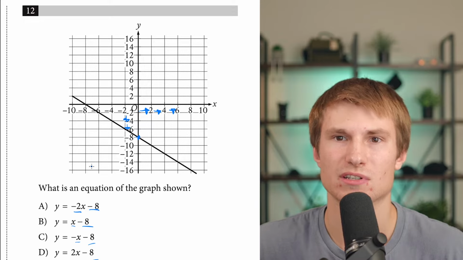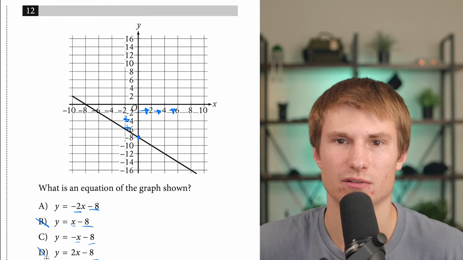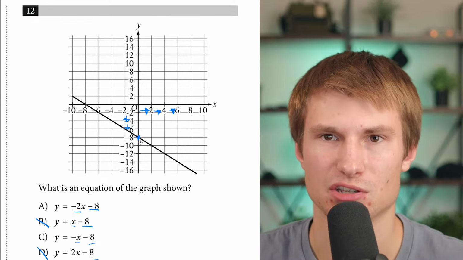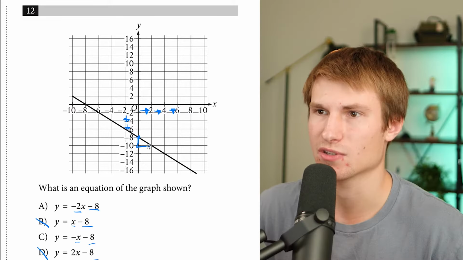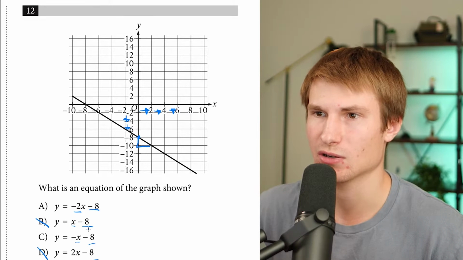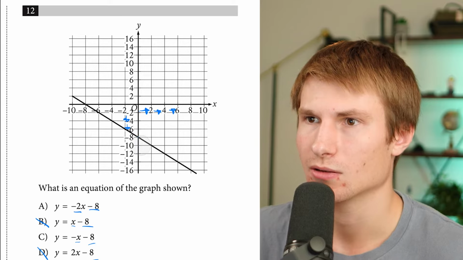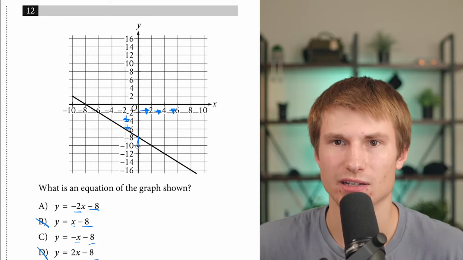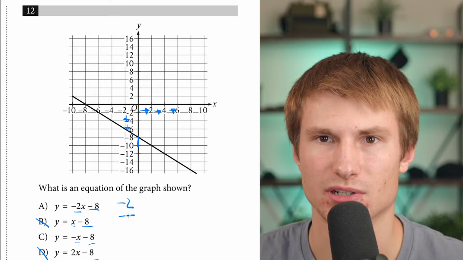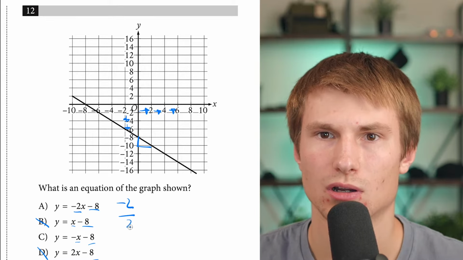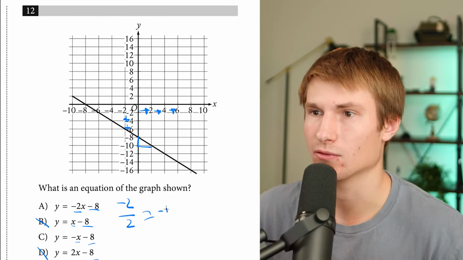So first thing we see is it's a negative slope, right? So we can get rid of B and we can get rid of D. But as you can see, if you didn't catch the units thing here and you just looked at the spaces, you would probably end up answering incorrectly. Well, let's actually take a look at what the answer is. So we've got -8 going down by 2. Okay, so we're going down 2 and we're going over 2. All right, so our slope then would be 1, or -1, sorry.